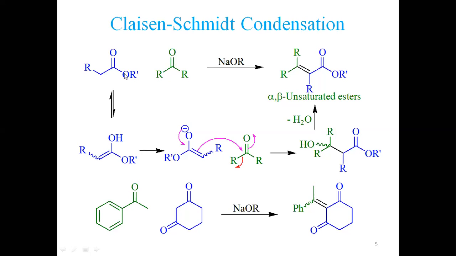If it is reacting with a carbonyl ester, this group is a good leaving group, but here alkyl groups are not leaving groups. So we get the R bond here, and we have an OH at this position. Then we observe elimination. OH leaves from here and hydrogen leaves from there. Elimination results in a double bond at this position. But this is an alpha-beta unsaturated ester.